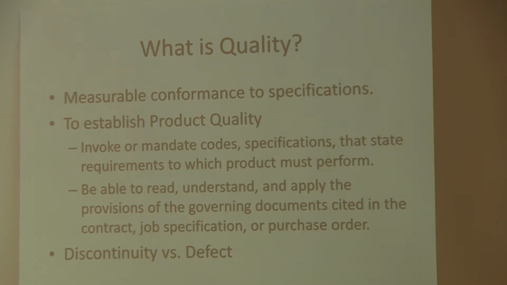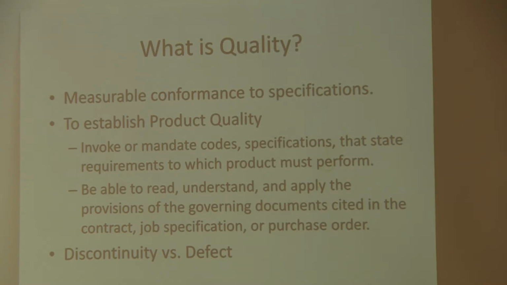So to establish product quality, there has to be something that's measurable. In order for something to be measurable and to determine whether it meets that quality, there has to be a specification or a code. There has to be something that states what the requirements are. And so when we talk about quality of welded materials, we talk about welding codes and welding specifications.